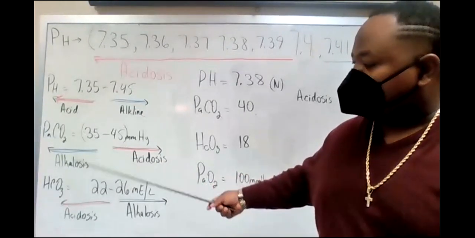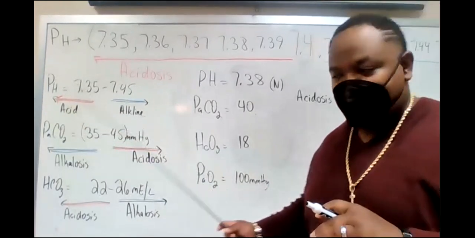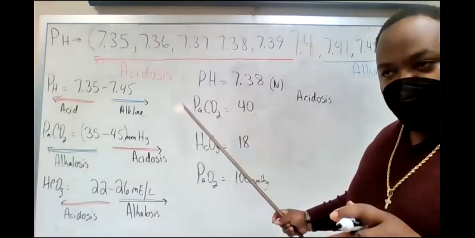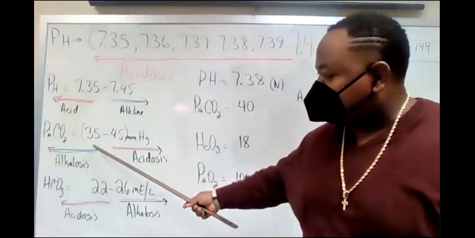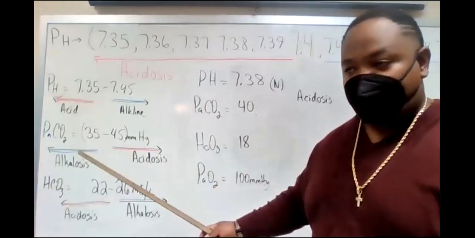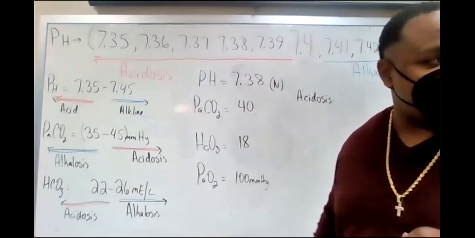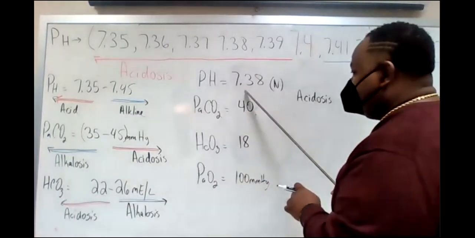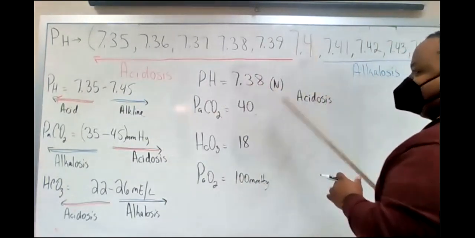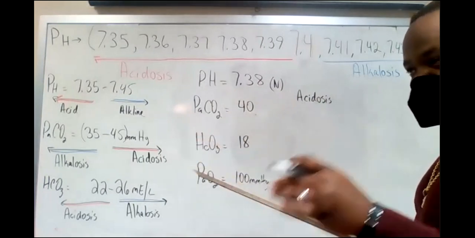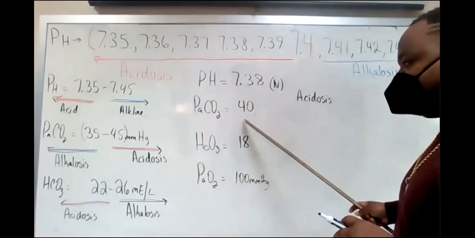Yasmin, the CO2 and the bicarb don't lean. Only the pH can lean. Only the pH will ever be normal but leaning some way. So I see what you were thinking, but CO2, if it's in the normal range, it's straight up normal. If bicarb is within the normal range, it's straight up normal. It doesn't lean. So 7.38 is normal range but leaning acidosis for pH, because pH does lean. That's the only one that leans. CO2 is 40. So what is that?